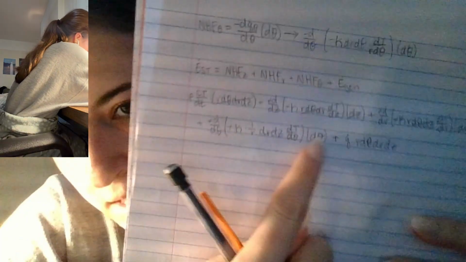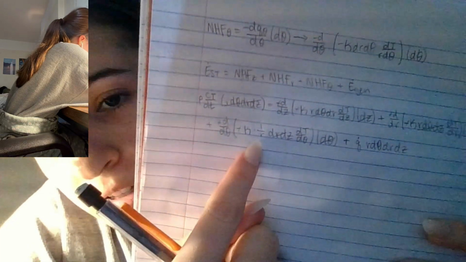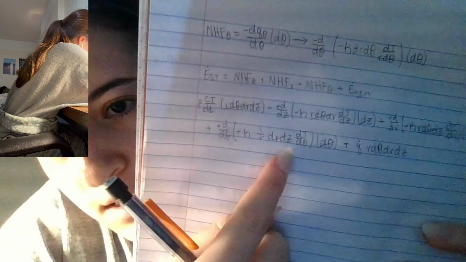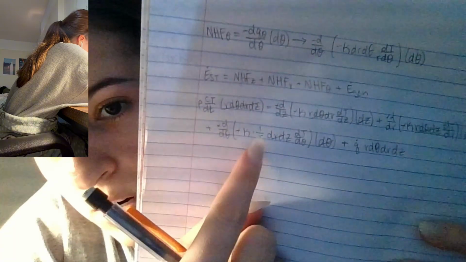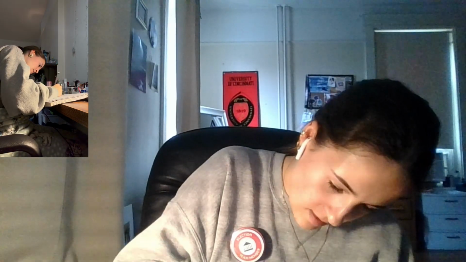And then the only issue is here we have an r in the denominator instead of the numerator. So we have to do dr, dz, d theta, and then add another r here. So this will be 1 over r squared. And then this one will cancel out like normal as well. So this is going to be r squared. So I'm going to go ahead and write that. Density, heat capacity, temperature over change in time.